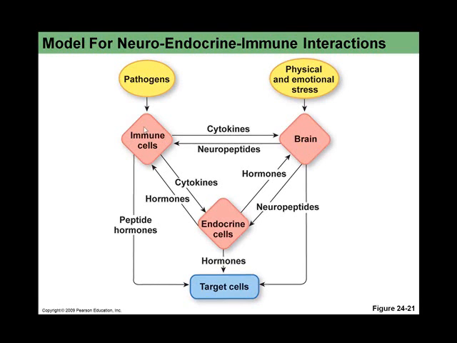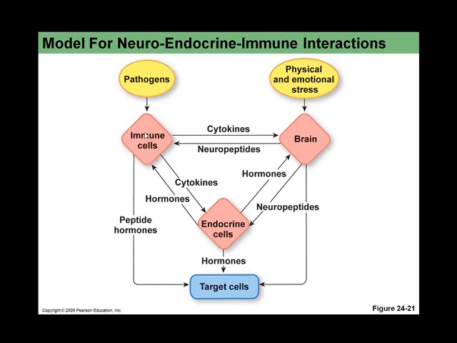So there are neuropeptides from the brain, the nervous system, that can affect immune cells, and from immune cells that can affect the brain. So, you know, when you're sick, you feel like crap, right? Can't concentrate, you can't think, sometimes can't even barely be conscious, right? And then the neuropeptides, of course, are affecting endocrine cells and hormones that will affect the brain.